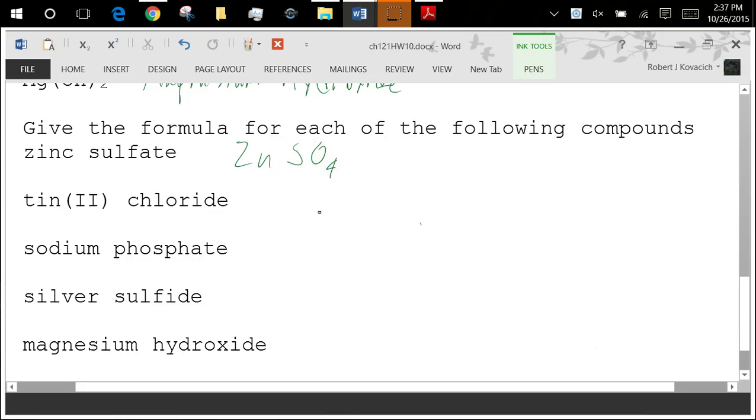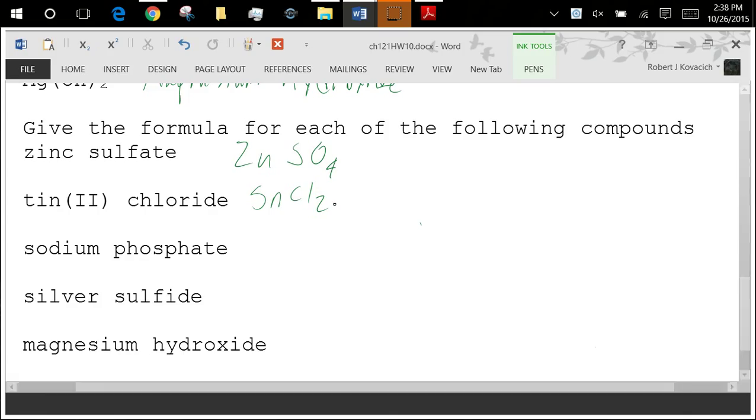Are we okay with that? Sulfate's SO4 -2 and zinc's charge is +2 always. So then it's just ZnSO4. But since tin does not have a consistent oxidation state, I have to tell you what the charge is. So I told you that it was tin 2, so then what's the formula? SnCO3. Yep.